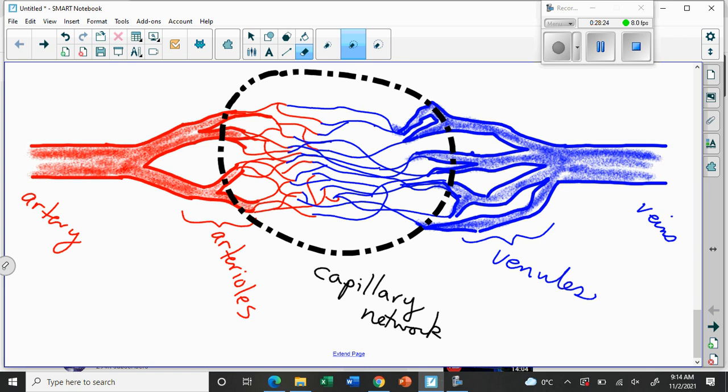So because of these tiny blood vessels and the fact that this is so small, what happens here is that oxygen from the artery is flowing out, going to the body cells.